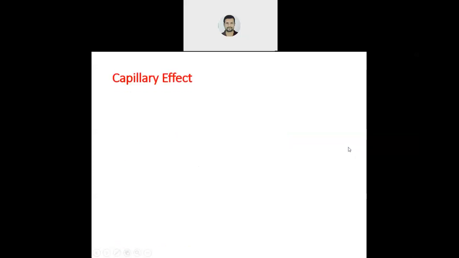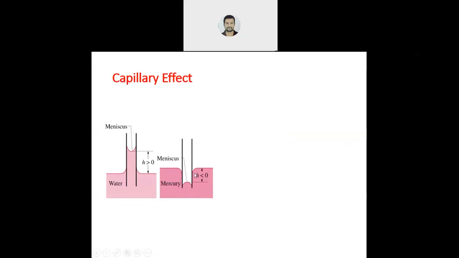Capillarity effect. What is the capillarity effect? Let us take an example. We are taking a tank filled with water. Okay. Now what is happening? These two vertical lines are nothing but walls of the straw or tube. You have inserted a tube of very large length but small diameter. So when you dip it inside the water, what will happen?